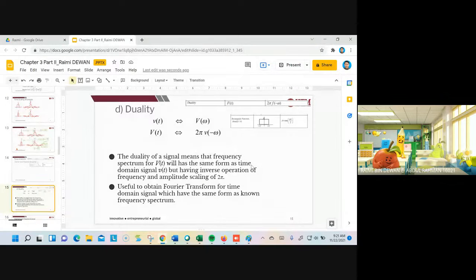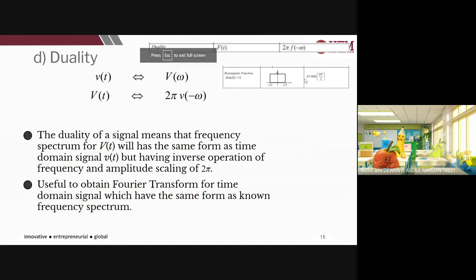If it's duality, we can do some simplification. If Vt is transformed from time domain to frequency domain, you just need to add 2 pi and inverse the frequency.